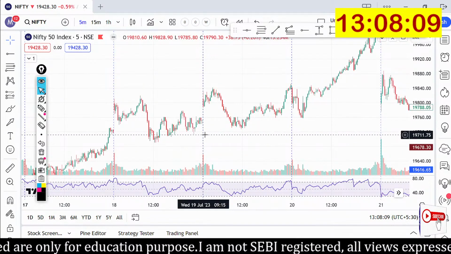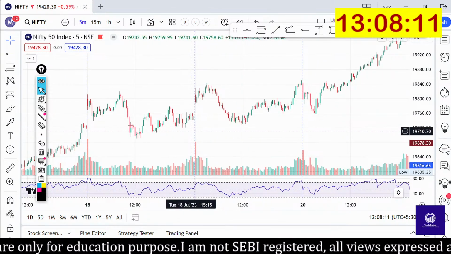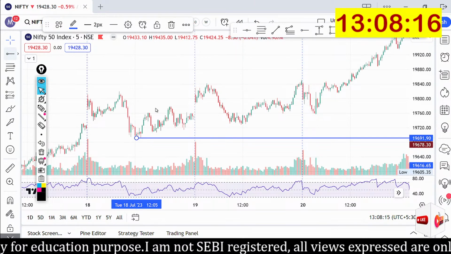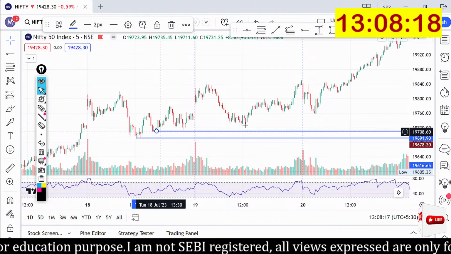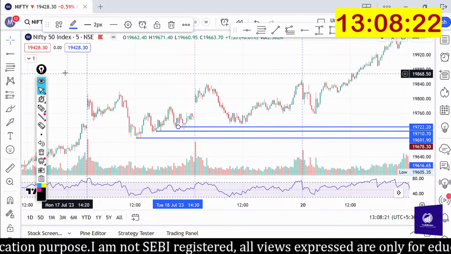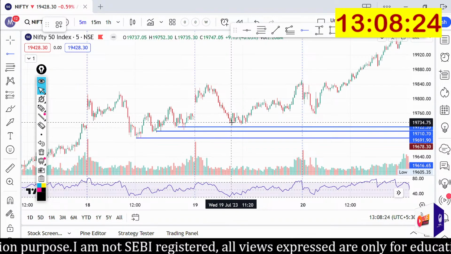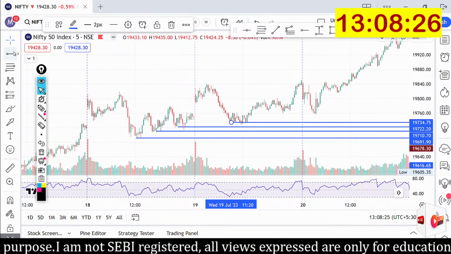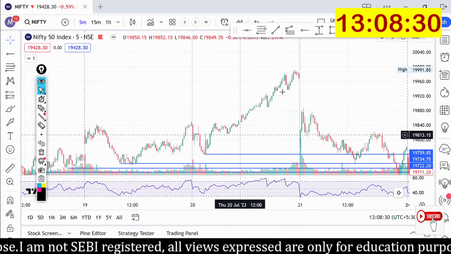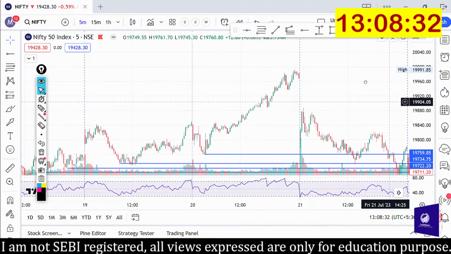Now look here. What I spoke about: higher lows. Higher low, higher low, again higher low, higher low. Now where has the trend changed?